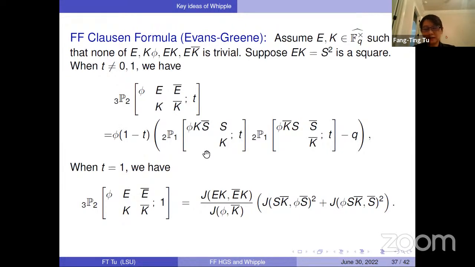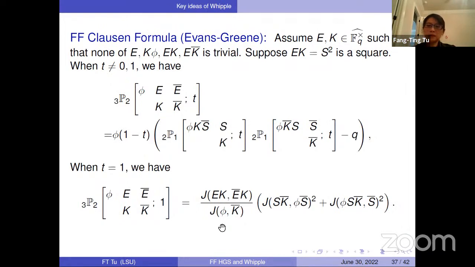Here I write the version which is the product of a 2P1 and its complex conjugate. When t equals 1, this value can be expressed in terms of Jacobi sums like this. So this gives us the idea of how to decompose the Galois representation.